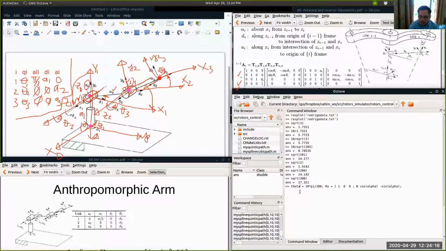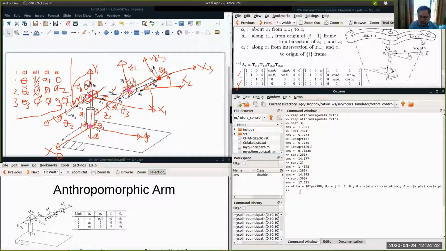Here I should make it alpha, and then the last row will be 0 again, and then sine of alpha, and then cosine of alpha.